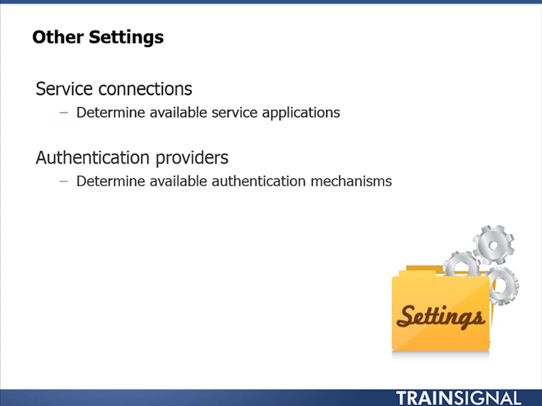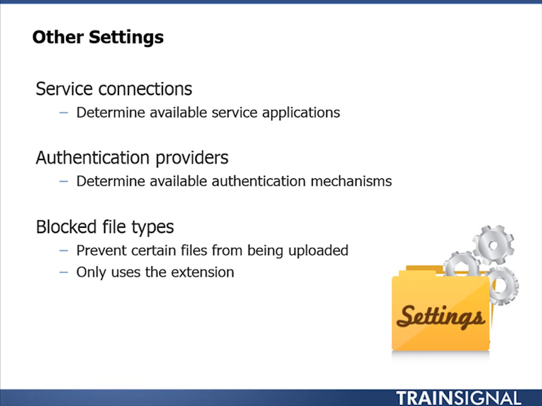We have the ability to choose the authentication providers, so that way if I want to add or remove forms-based authentication, I can do that. And you'll also notice that we can choose to block certain file types. So if I don't want executables, ISOs, or other types of files like that uploaded into SharePoint, then I can do that by setting up my blocked file types.